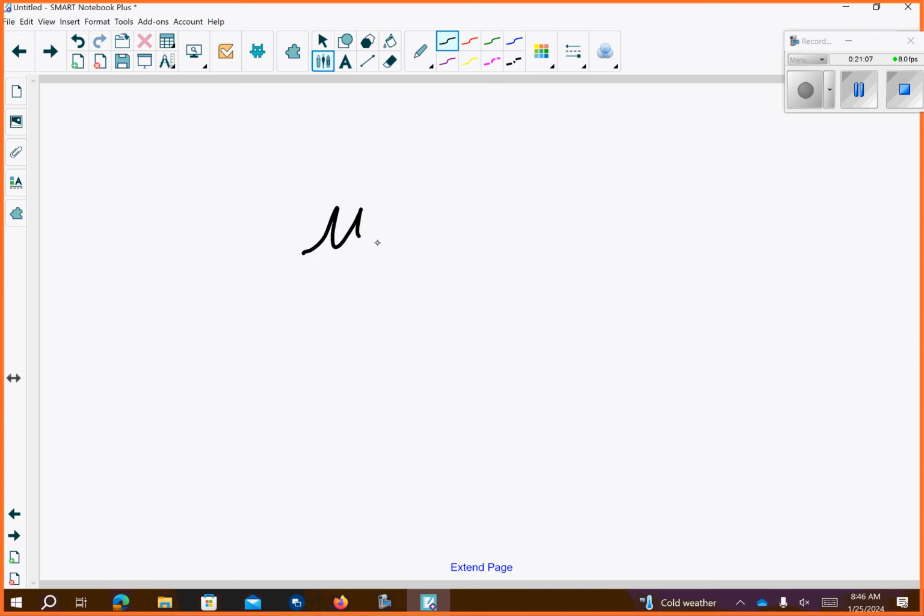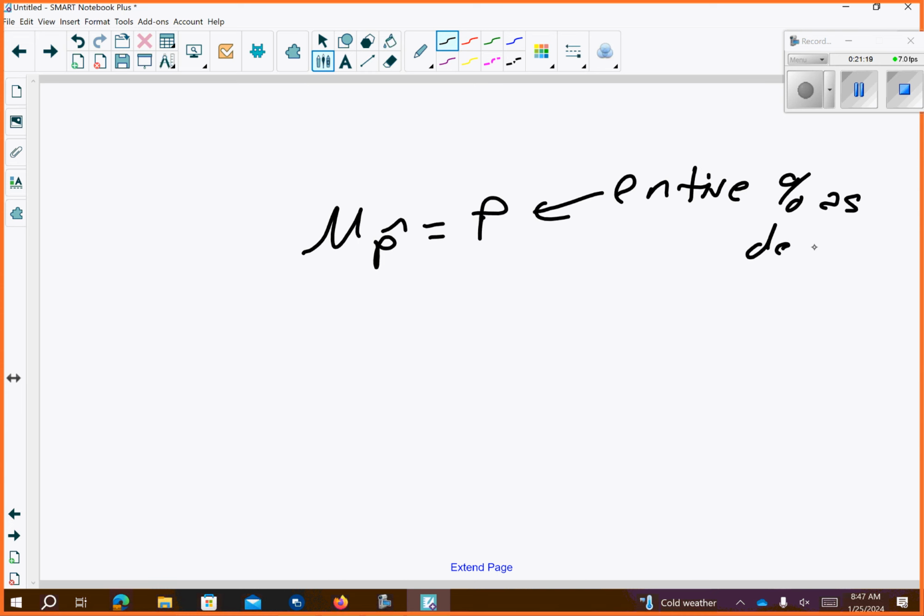They say mu at p hat is equal to p, and again, p is the entire percent as a decimal or fraction. Okay, and then they tell us that for the standard deviation at p hat, our new standard error equation is going to be this.